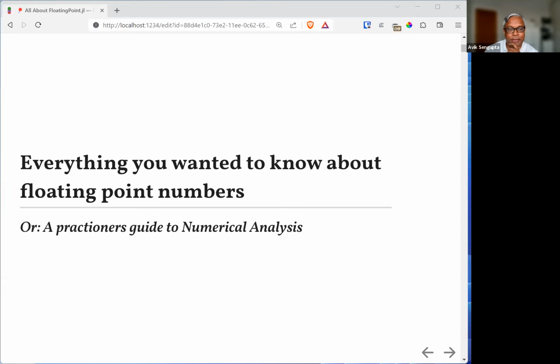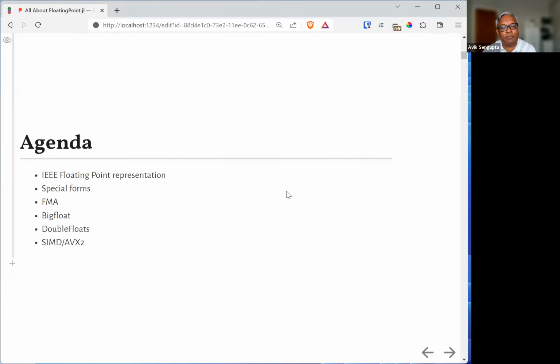So with that preamble, what are we going to talk about today? First, we are going to talk about how these numbers are represented in memory on the CPU. We are going to look at a few special forms of numbers. Most numbers are similar, but there are a few numbers in the list of floating point numbers which are represented differently. We will look at fused multiply-add, or FMAs, which are ways of speeding up certain kinds of computation.